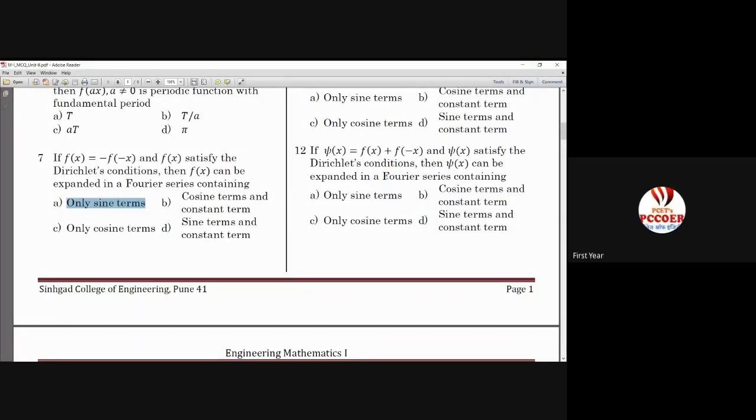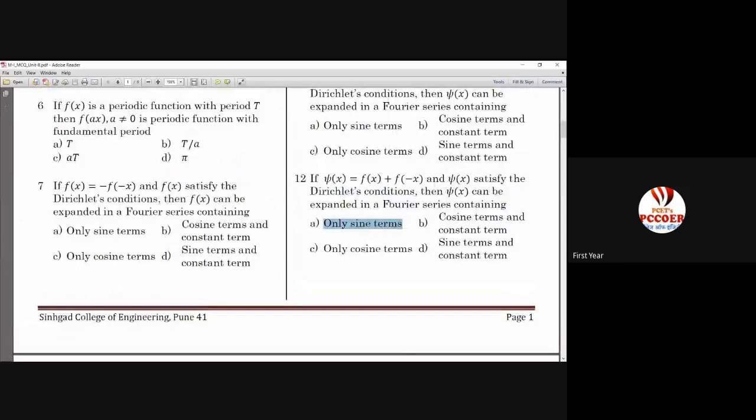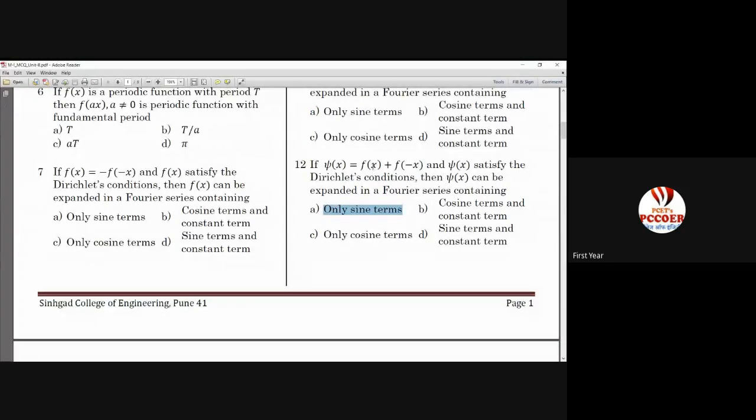This data which is given is insufficient. But if it was only sine terms, when would that happen? If it is an odd function, then when I replace x by minus x, psi of minus x should become minus psi of x.